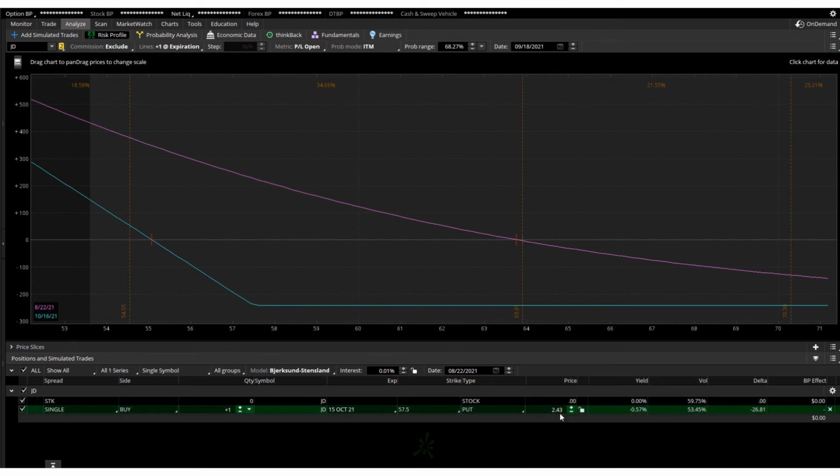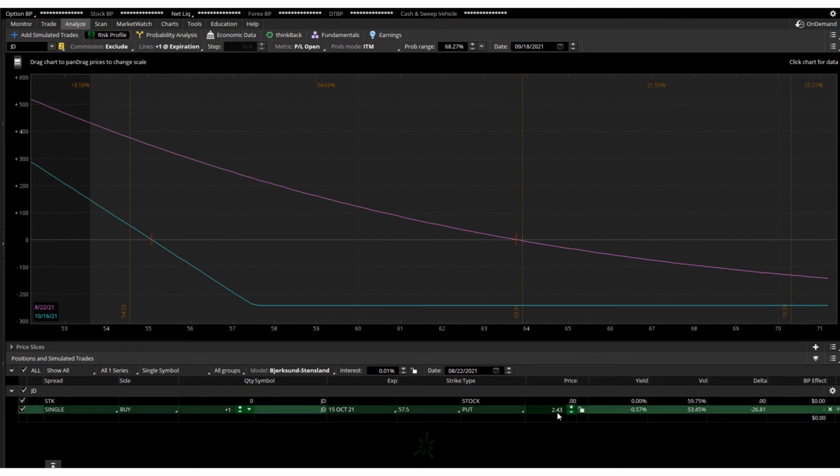I don't know why it's 243 here, but right here, just a quick layout. The purple line represents the daily P&L. The blue line is the most important line because this is regarding the expiration P&L. This is where it determines whether my contract is profitable or not.